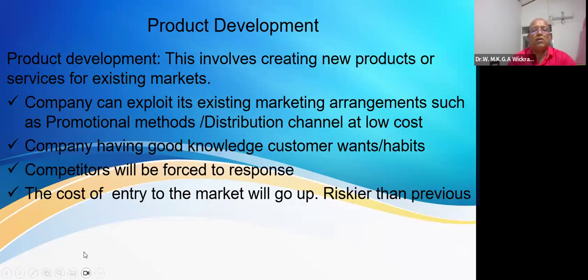This product development, it is riskier. I have mentioned in black the last line, riskier than previous options. As I explained, the company can exploit its existing marketing arrangements, such as promotional methods and distribution channels, at low cost, because you know your customers, you have good knowledge of customer wants and habits.